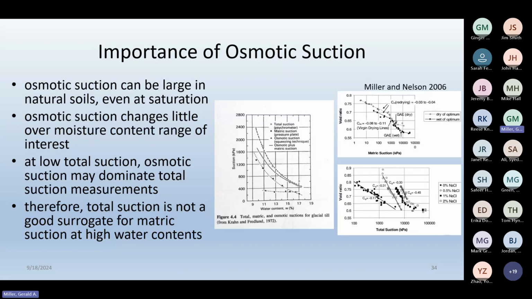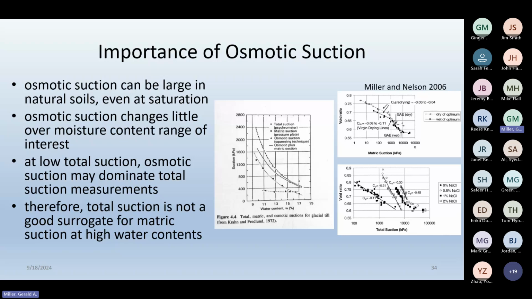Up here, these curves represent all of the salt contents. You can see that if we look at it in terms of matrix suction, the salt content has very little influence on behavior, because all of these salt contents are represented and all the points plot on the same compression curves for dry and wet of optimum.